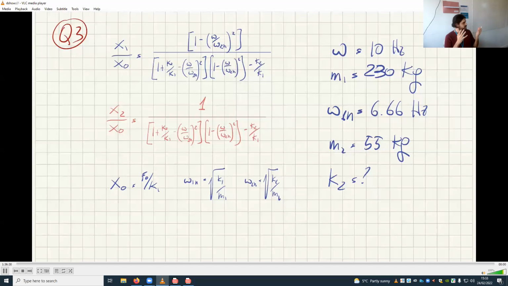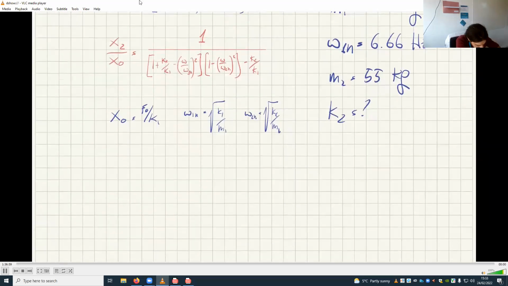So the only way for x1 over x0 to be 0 is for the numerator to be equal to 0. And when is that numerator equal to 0? When omega is equal to omega 2n. Now, omega is given, so we can't change omega because this is being driven at 10 Hertz. So we must fit in an absorber that has an omega 2n of omega.